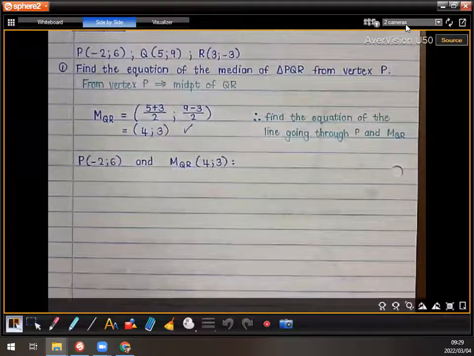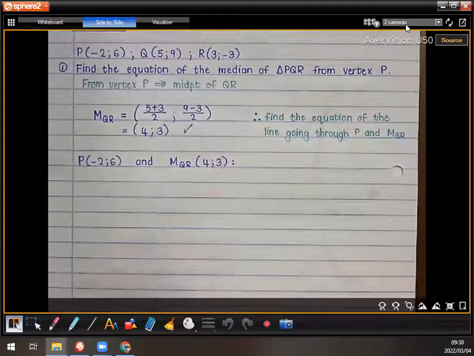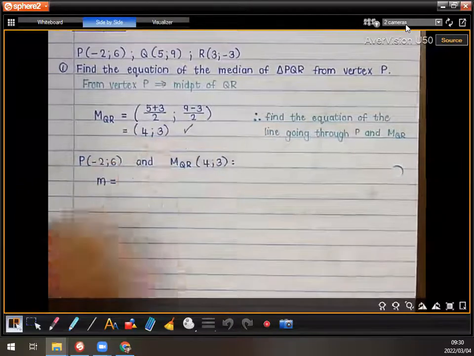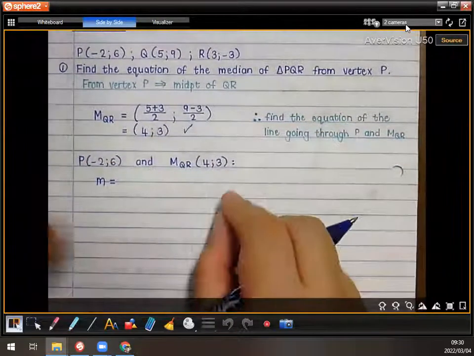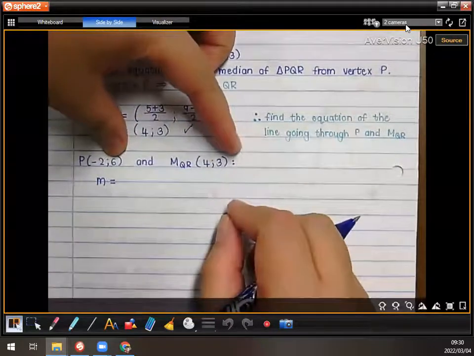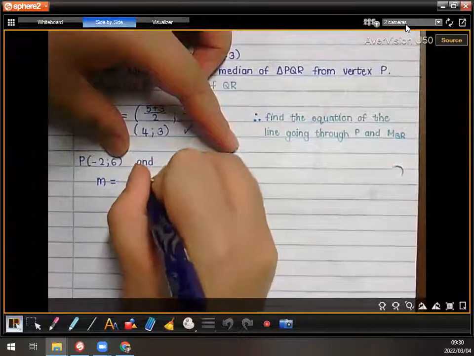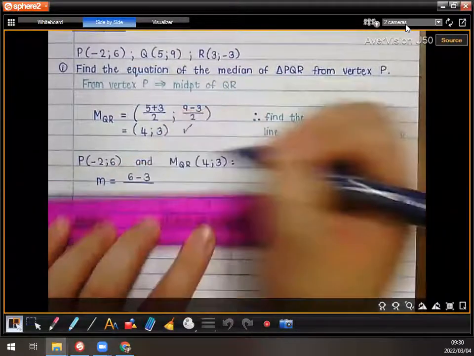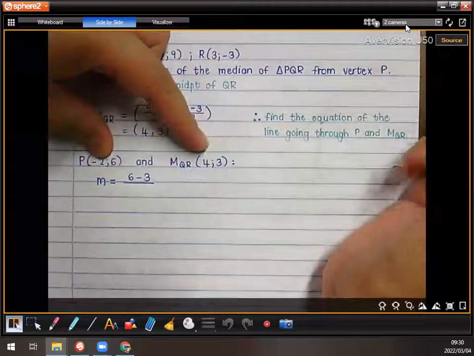Step 2 is to now find the gradient between those 2 points. Right, so the gradient is change in y over change in x. So I'm going to say y value minus y value, 6 minus 3, over change in x, -2 minus 4.